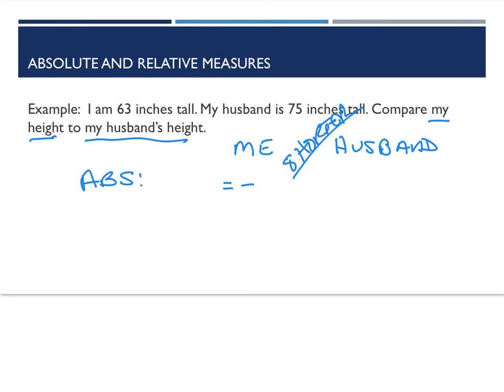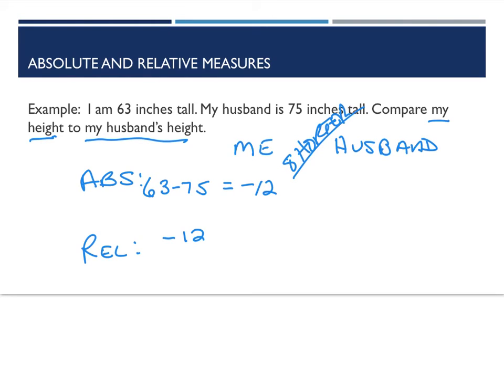So when I do the subtraction, I need to do 63 minus 75, which gives me negative 12. This would say I am 12 less than he is. And that would be true. So then we do the relative, and I'm going to take my negative 12.